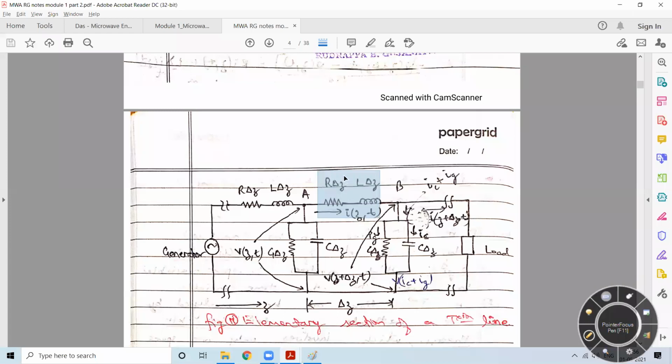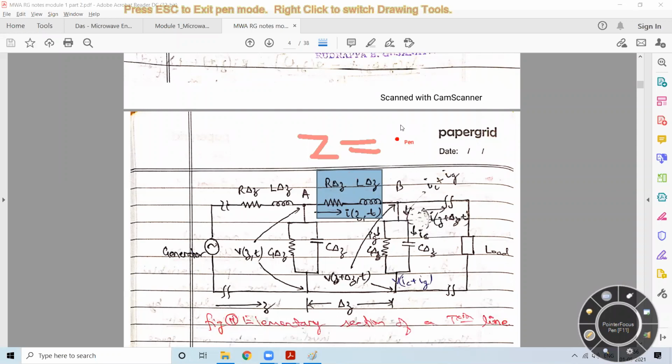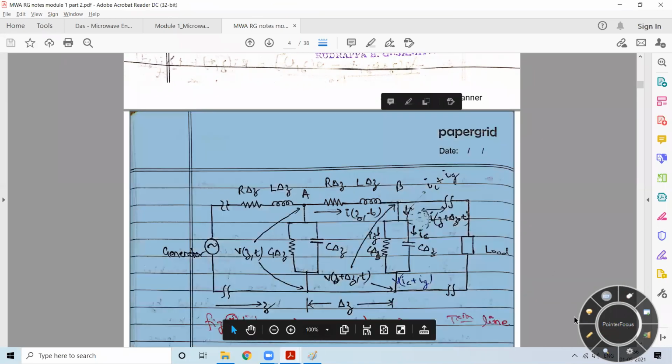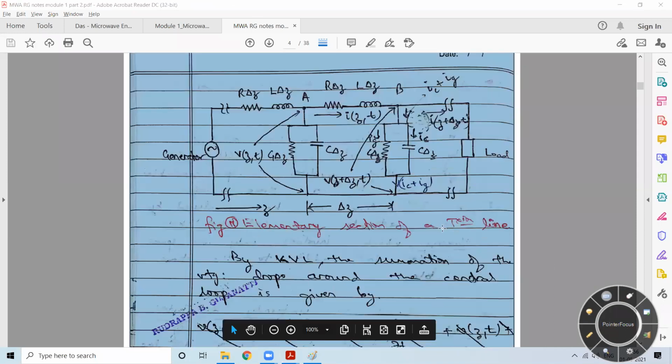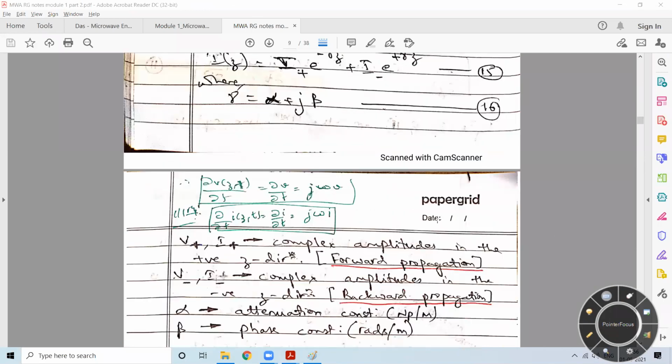When you simplify, you end up with one of the parameters, and the impedance is given by R plus j omega L, considering the entire line. That is what we had seen in the basics part. Similarly, even for this one, you will be utilizing the same concept. Later we'll be substituting that and obtaining the final result.